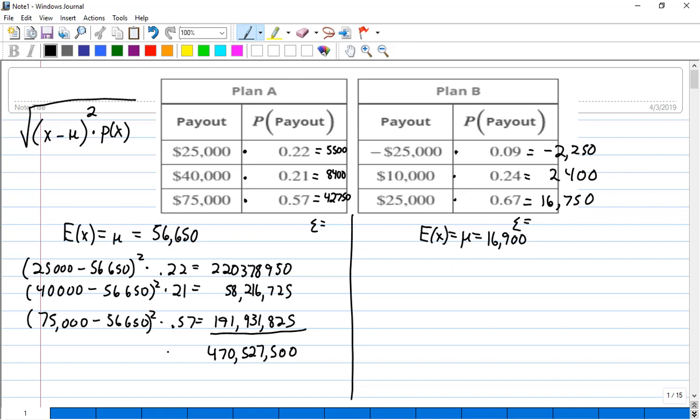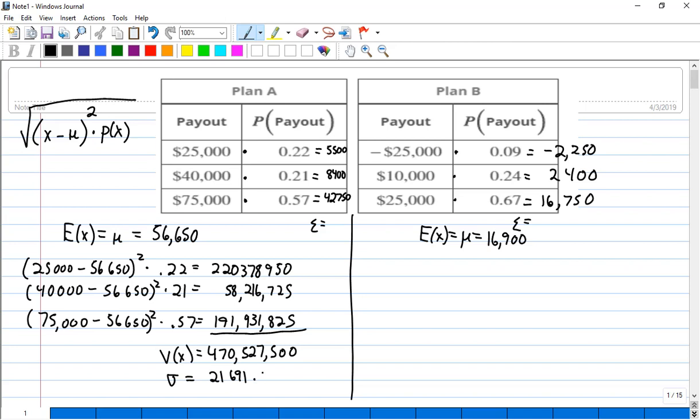Okay, so that's your V of X, your variance. I want the standard deviation. The standard deviation is the square root of that number. So I have standard deviation equal to 21,691, and I'm just going to carry it out to 3 places.